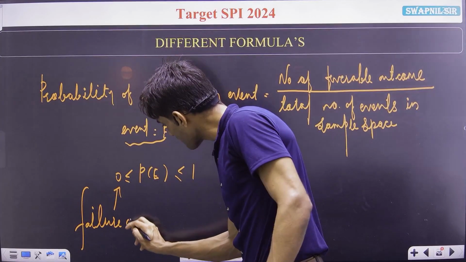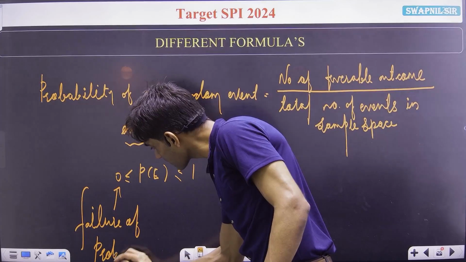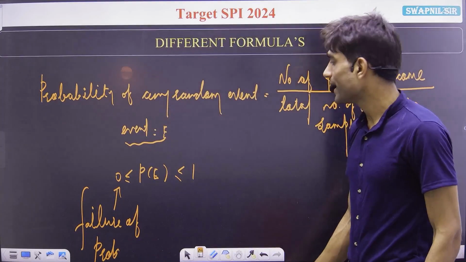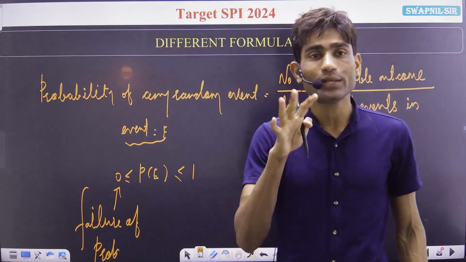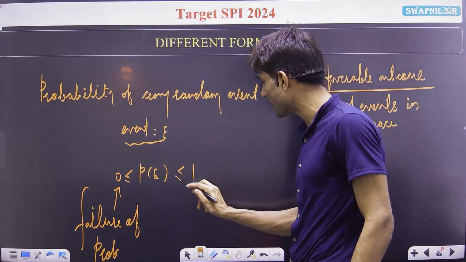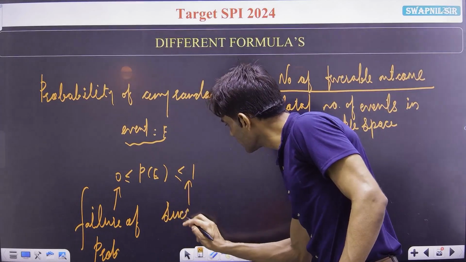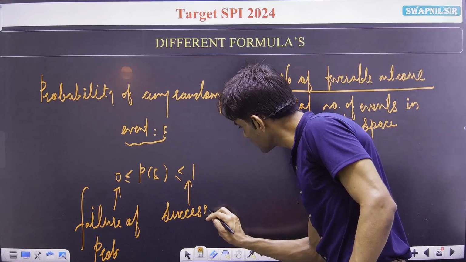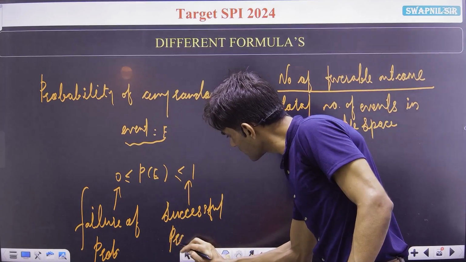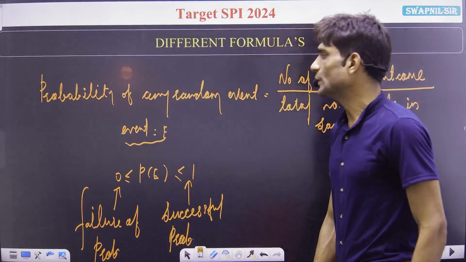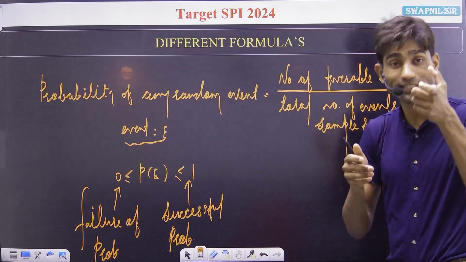And when the probability gives us the value 1, then we write it as a successful probability, which is a sure event.